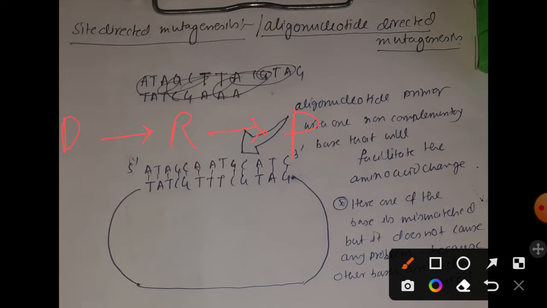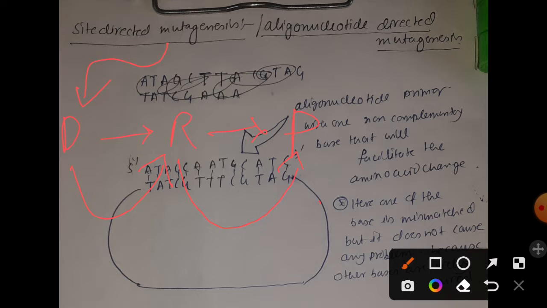So the genetic makeup of the DNA facilitates the makeup of mRNA, and the makeup of RNA facilitates the makeup of protein. So if with the help of site-directed mutagenesis we can change the makeup of the DNA, it will be reflected in the RNA, and the change in RNA will be reflected in the protein. That is how site-directed mutagenesis is a very interesting procedure in curing genetic disease.